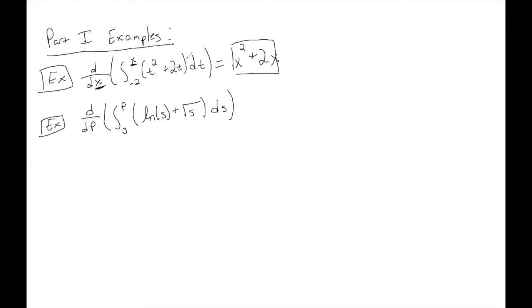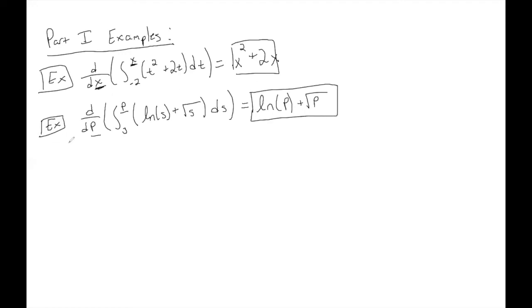The reason I don't want to use x in here is because I'm already using x as a bound. X has to do with the derivative. I don't want that to affect my integrand. So when I have something in here, it's going to be a different variable than is out here. To evaluate this, I have this matching this, and here's my integrand. So I take ln of p plus square root of p, and that's it.